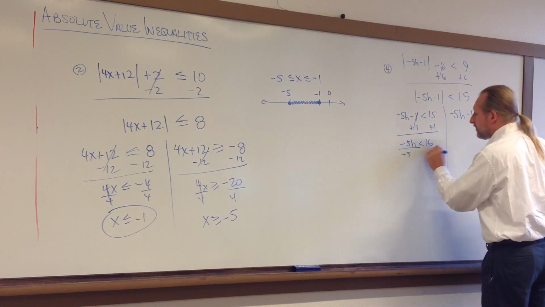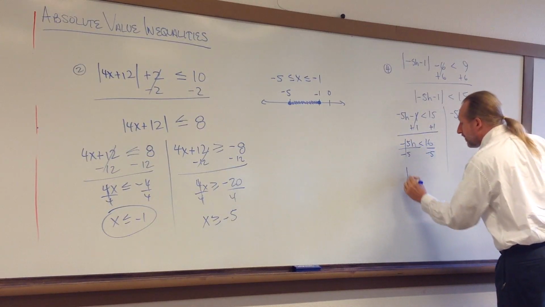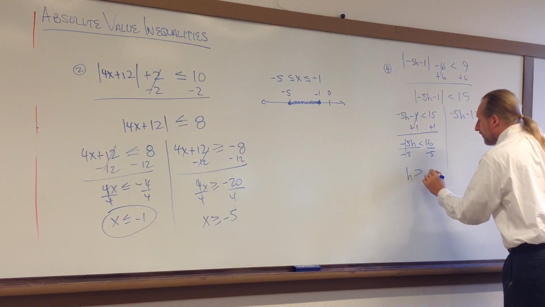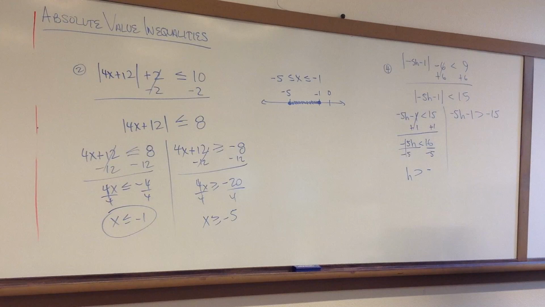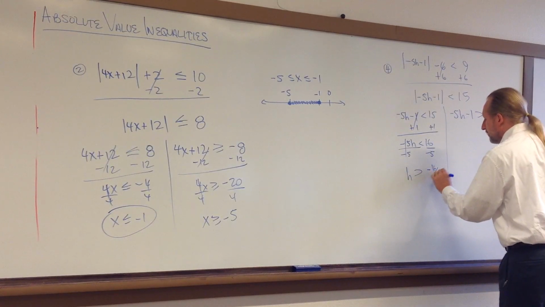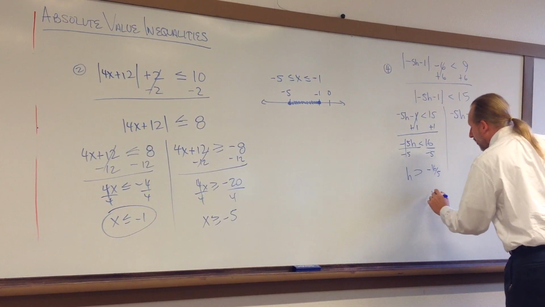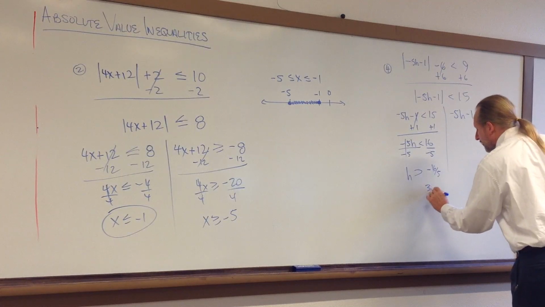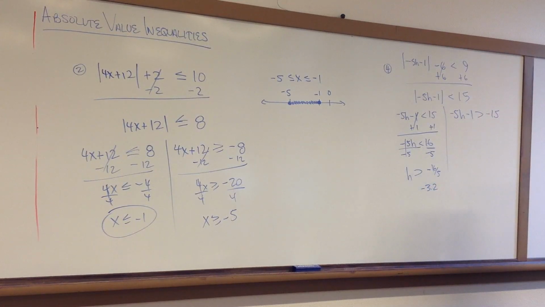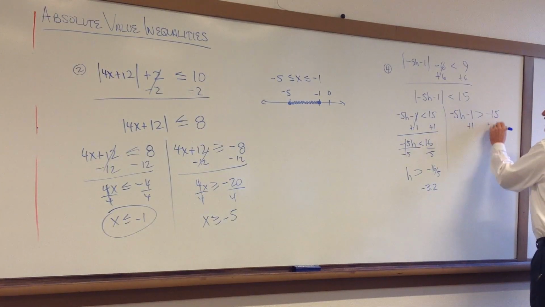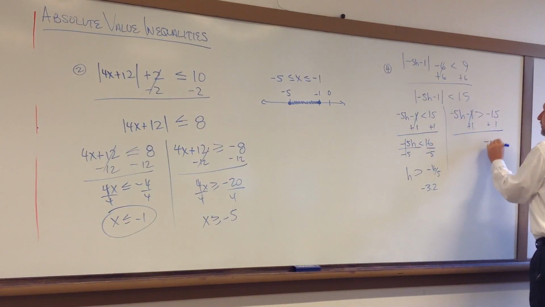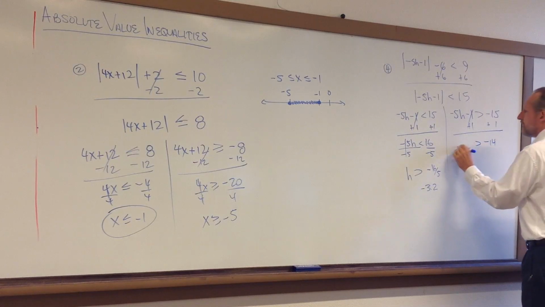Now, when I divide by this negative 5, this is going to flip around again. And again, you can leave it as negative 16 over 5 if you'd like to. Or you can call this 3 1/5, negative 3.2. All right, over here, we're going to add 1, make that negative 14.